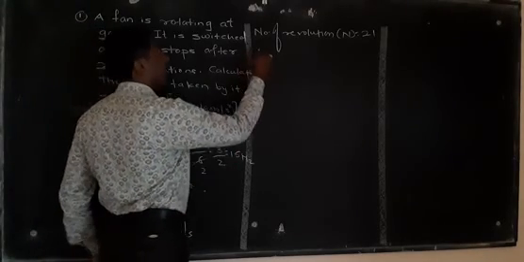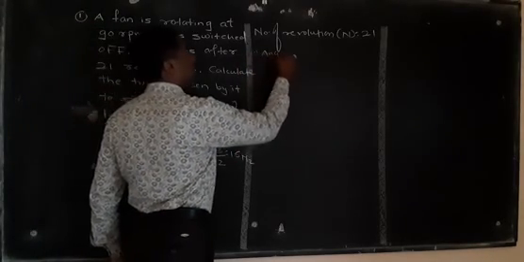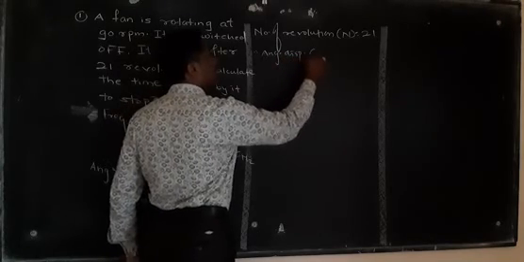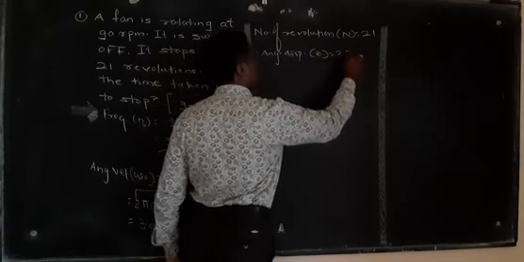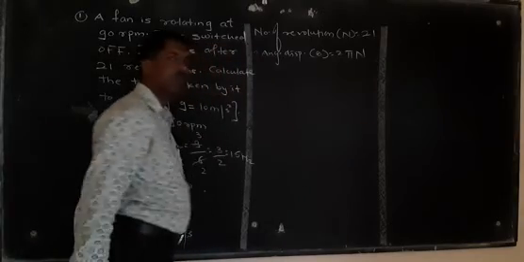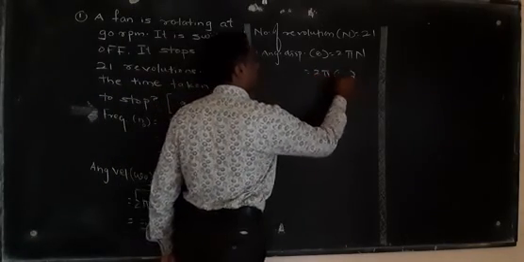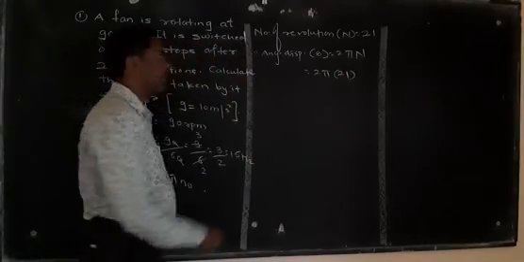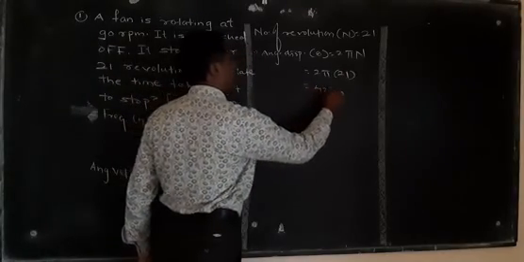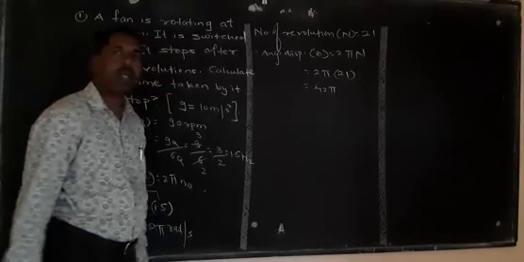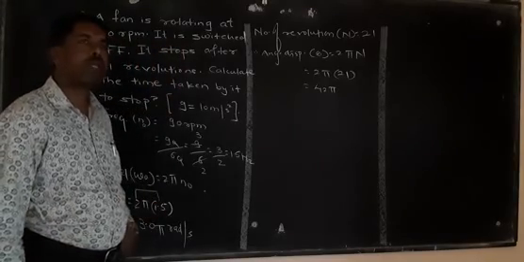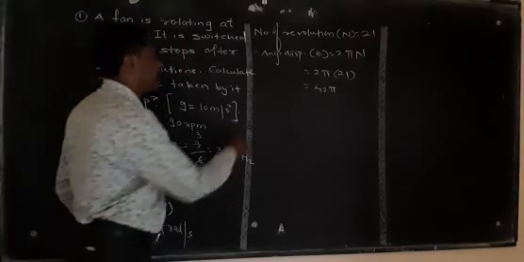Therefore the angular displacement, that is theta is equal to 2 pi n. Put the values here. How many numbers? 21. So it becomes 42 pi.